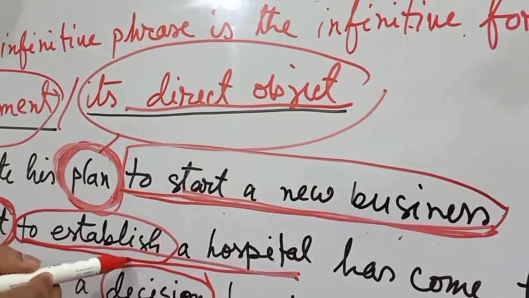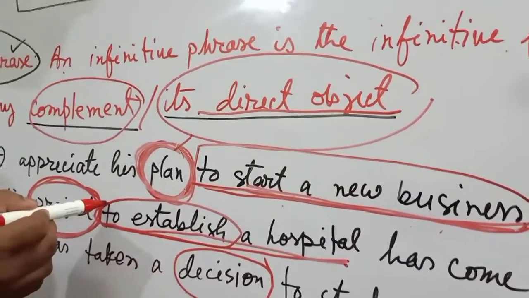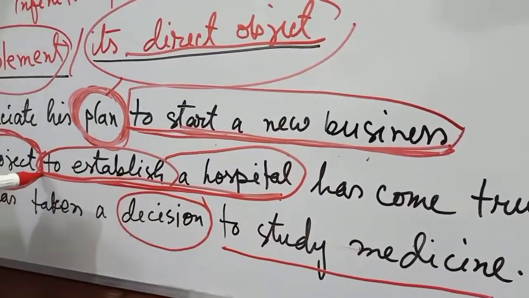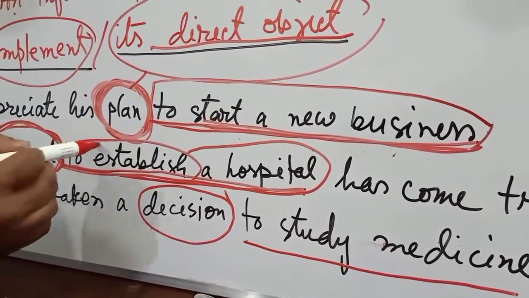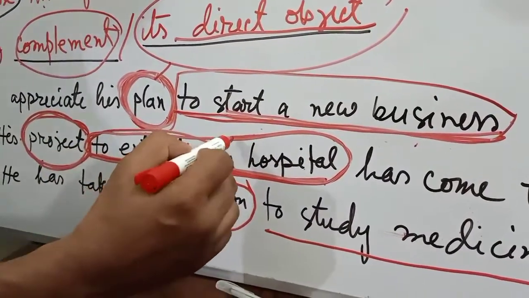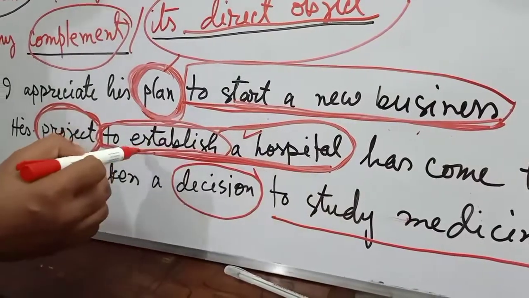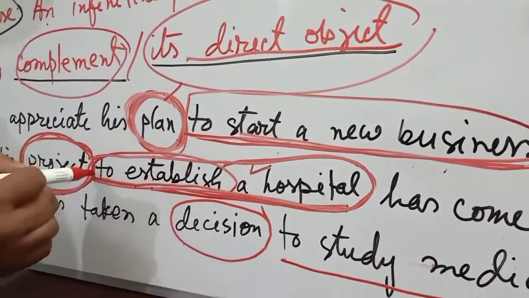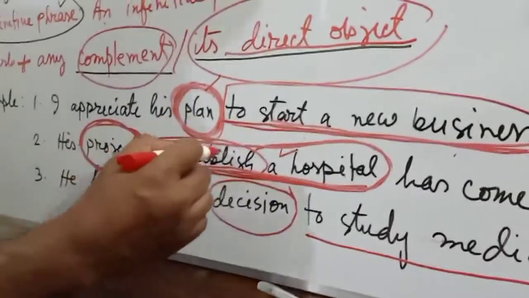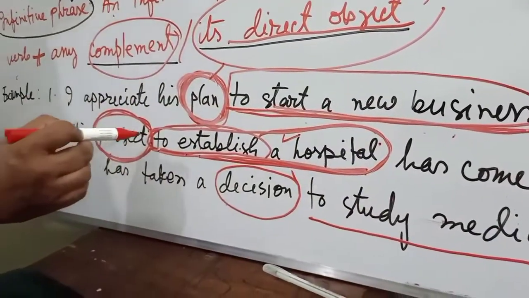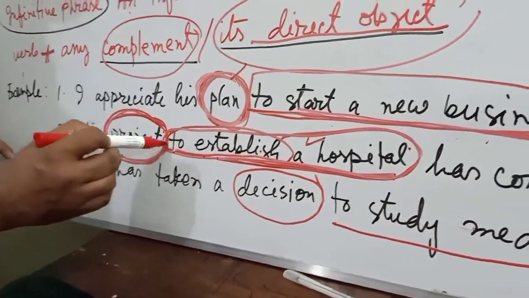To establish is infinitive, and to establish a hospital is an infinitive phrase because a hospital is the direct object of the verb establish. Here, the infinitive phrase to establish a hospital has modified the word project.